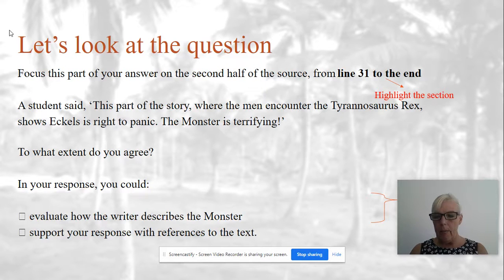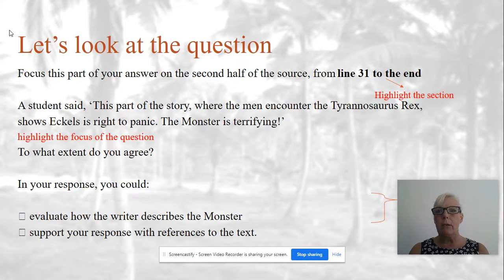This is going to help us to make sure that we're answering the question. So highlight the focus of the question. I leave you to have a look at that. Could you please highlight the focus? And if you have that correct, then you should be highlighting Eccles is right to panic because the monster is terrifying. And then it will ask you, to what extent do you agree?